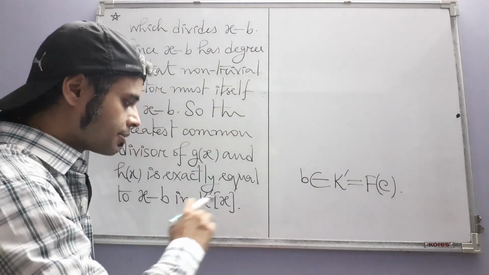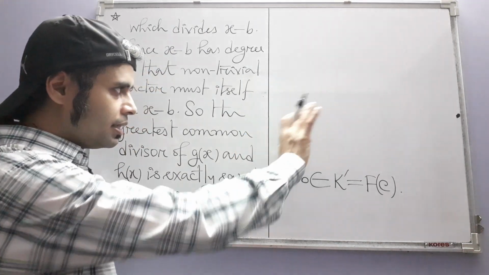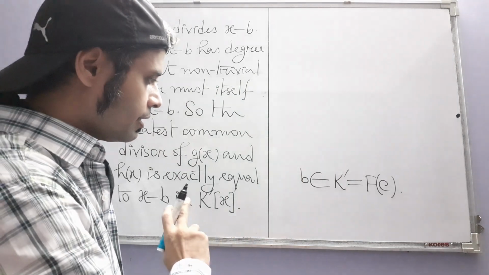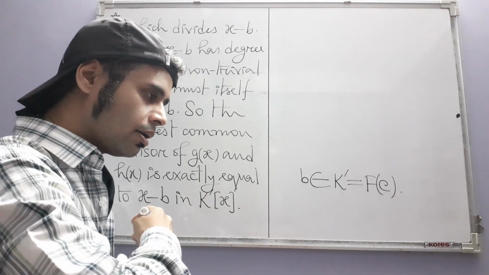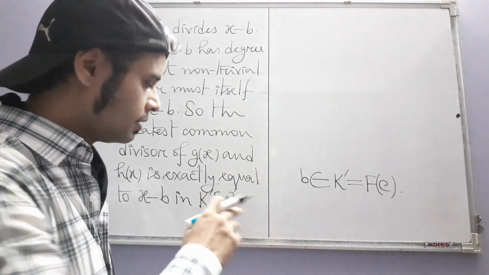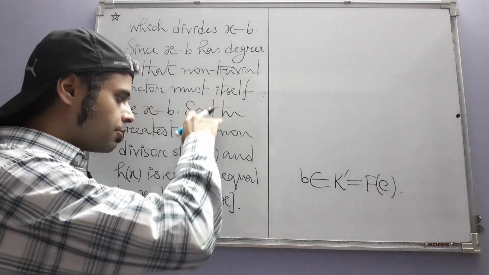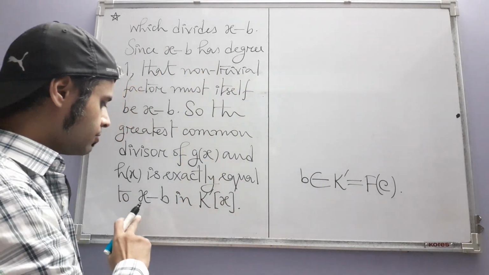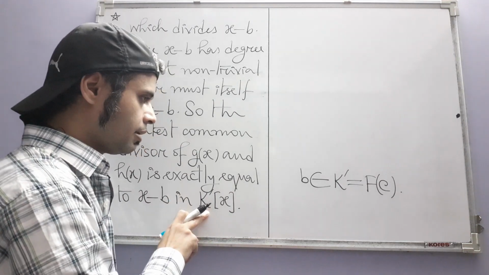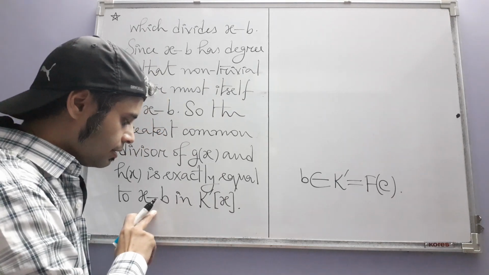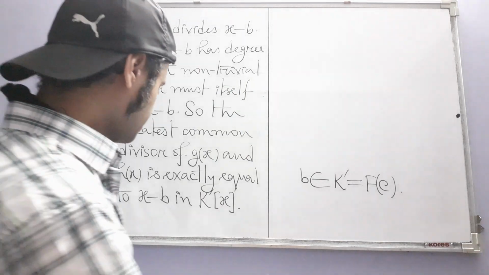So how can x minus b belong to this polynomial ring? So that is why immediately we were not able to say that it is the GCD here itself, but it is the GCD maybe in a larger polynomial ring given by an extension of k prime. But then using that and some more argument, we were ultimately able to show that yes, it is exactly the GCD in this polynomial ring itself, and that in fact will now let us say that b belongs to k prime.